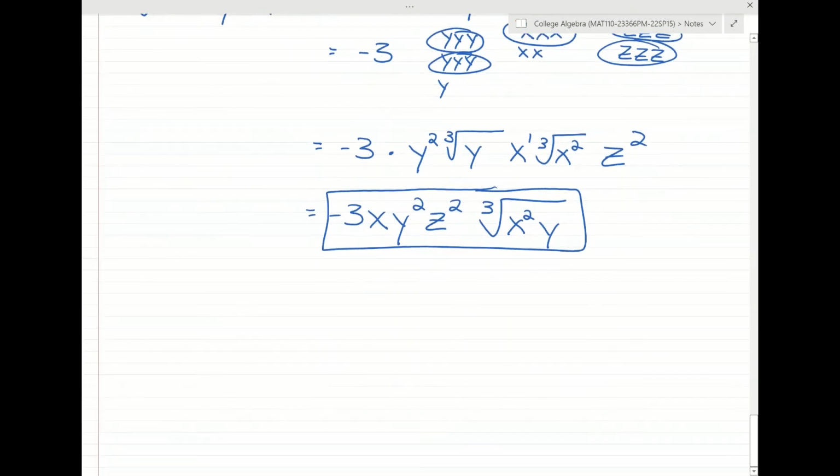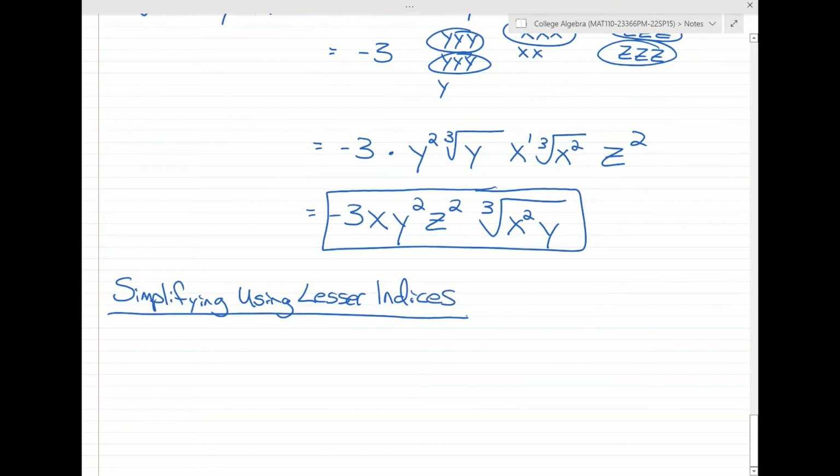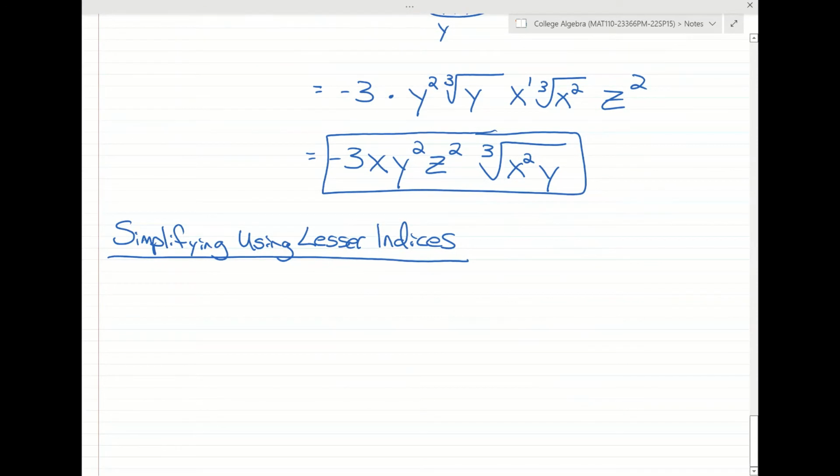So let me show you how to simplify just some different scenarios here. So if we're going to be simplifying using lesser indices, all this means is that we convert to rational exponents and simplify it.